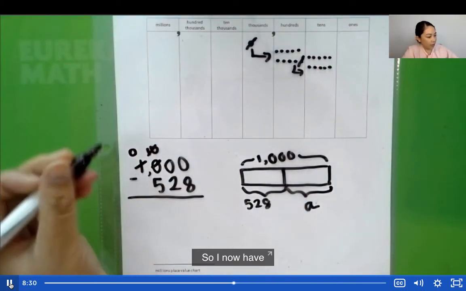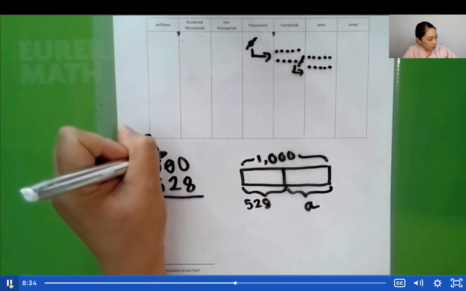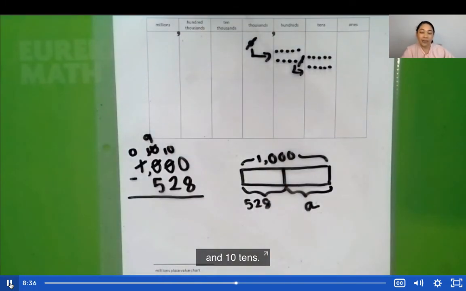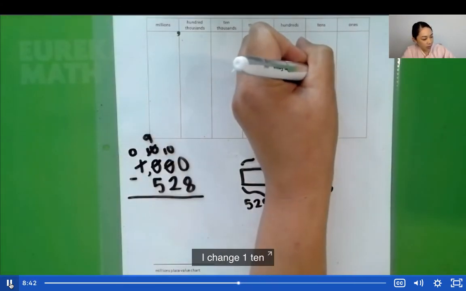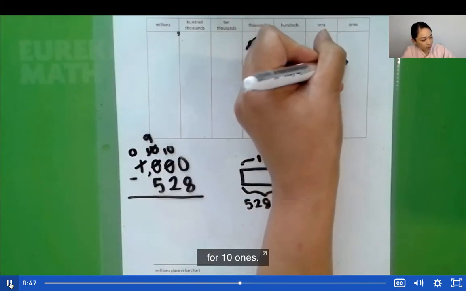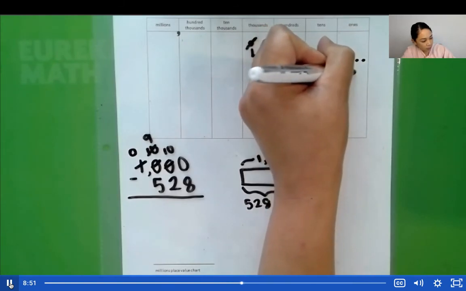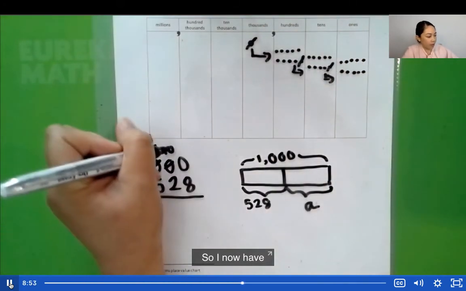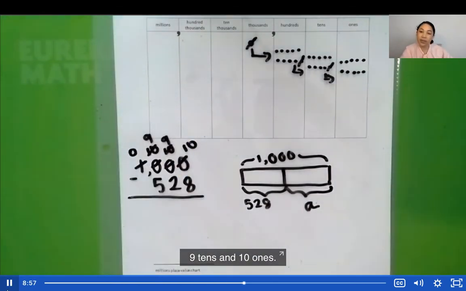So I now have 9 hundredths and 10 tenths. Then I change 110 for 10 ones. So I now have 9 tens and 10 ones.